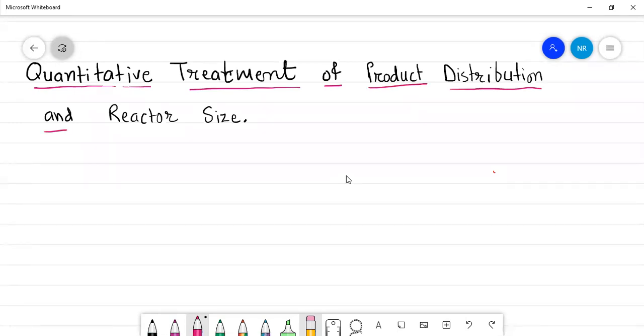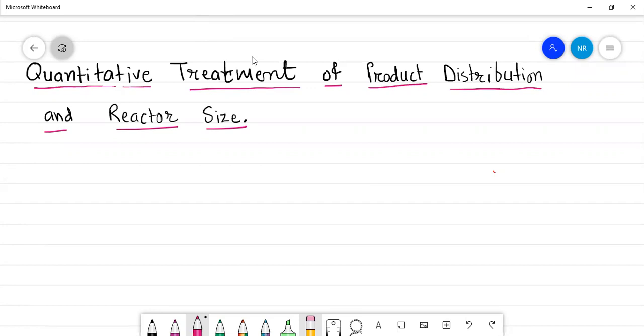Okay, so last lecture we started the quantitative treatment of product distribution and reactor size. Ultimately, what we have to find out in this topic is the concentration of the desired product.